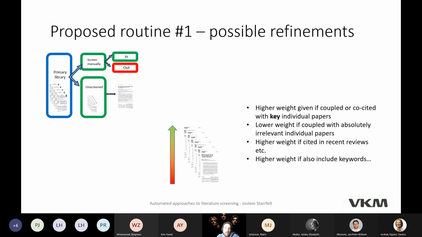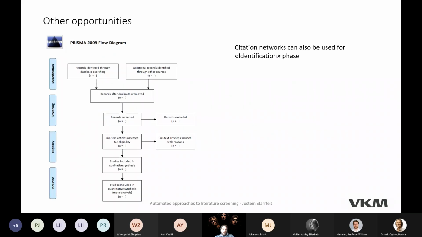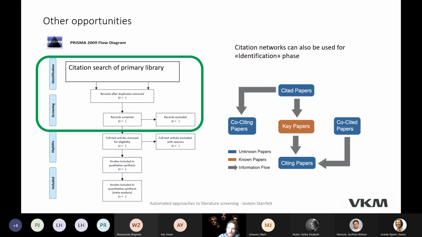There are of course different ways you could improve the system and include more than just the citation network itself, and I guess that's one of the parts of this project. You could also, and this is perhaps similar to what was just described in the Microsoft Academic Graph talk just before mine, use these citation networks for the identification phase.